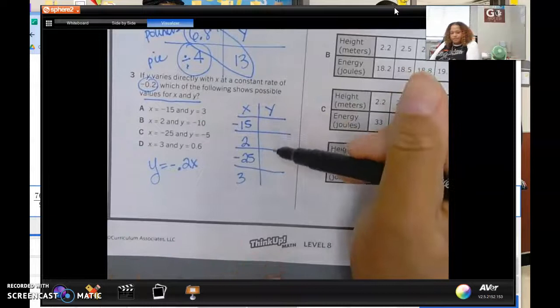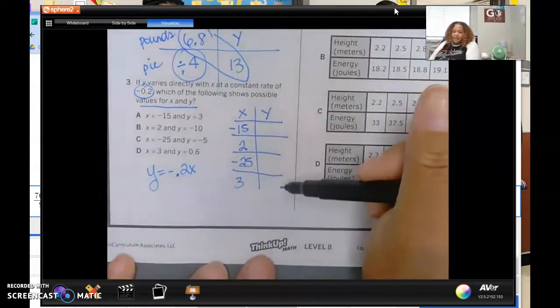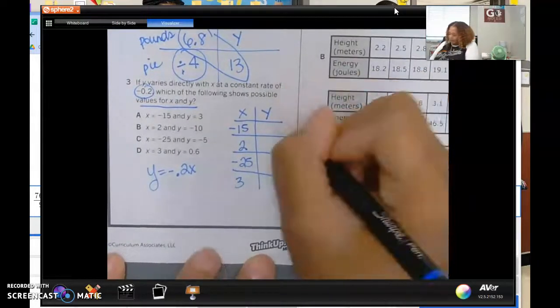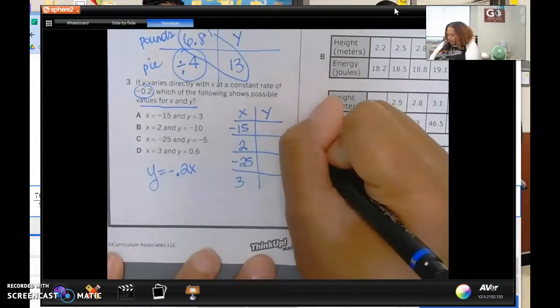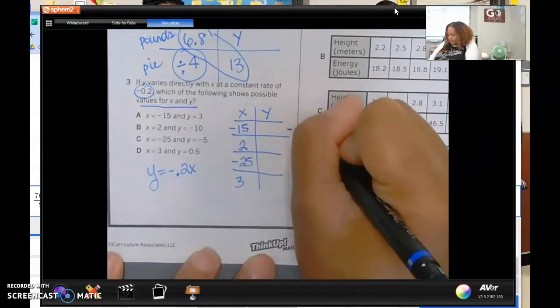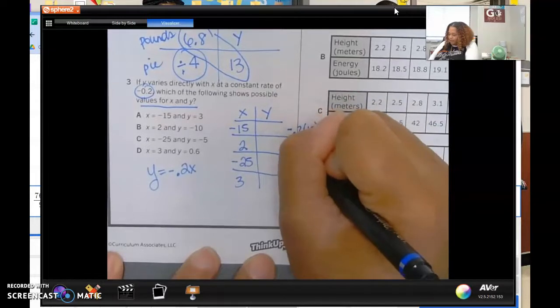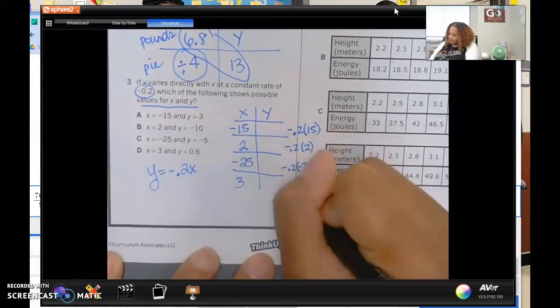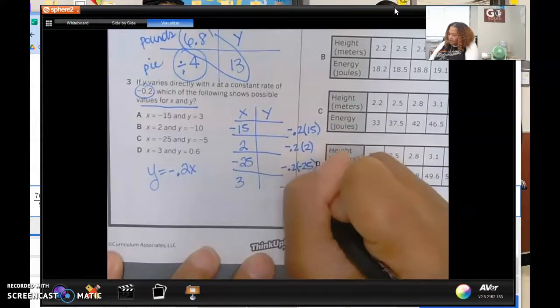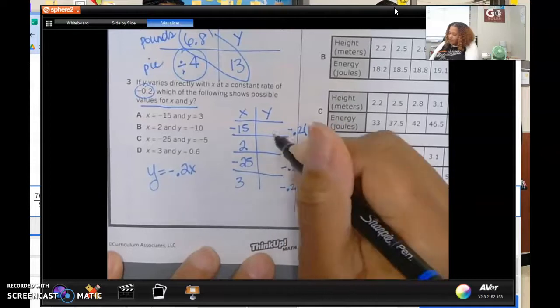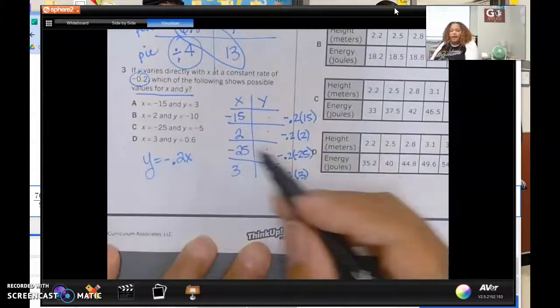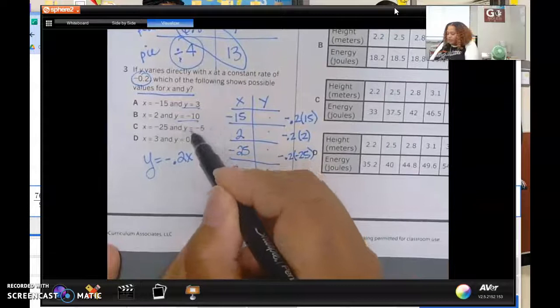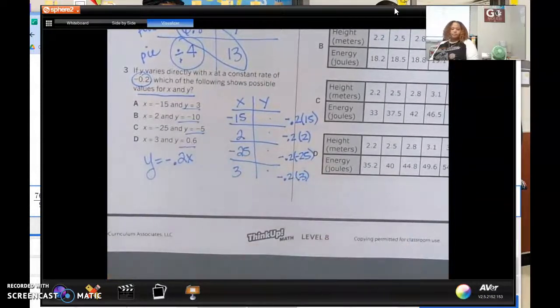Then to get these answers, I'm going to multiply them by negative 0.2: negative 0.2 times 15, times 2, times negative 25, and times 3. One of these answers will be correct because it will match one of these answers.